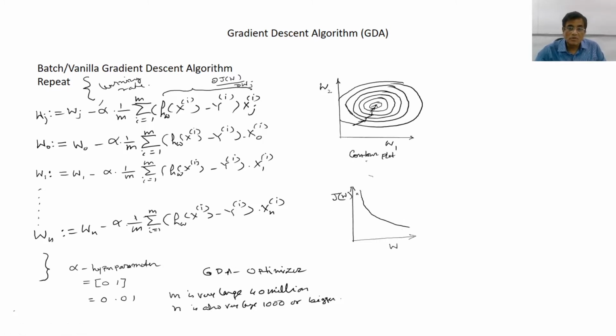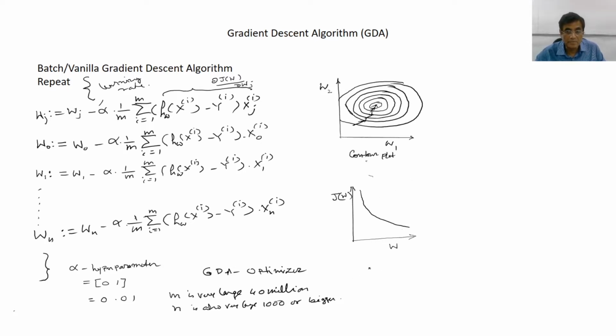And if I plot J(W), the cost function, versus iterations, you will see that very smoothly, iteration after iteration, its value should decrease, because we are talking about a convex function.